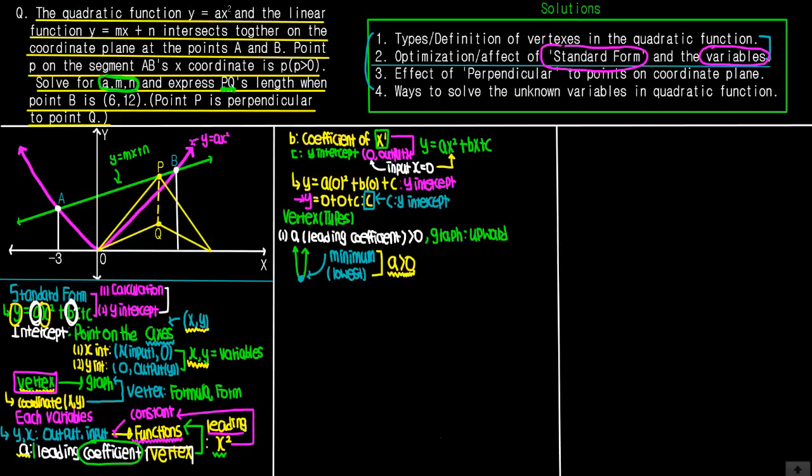Now let's think about the second case of our vertex in our quadratic function. When our a value, which is our leading coefficient, is less than 0, it will be a negative value, unlike the first one where it was positive, which means the graph of our quadratic function will open downward, exactly opposite to the first one.